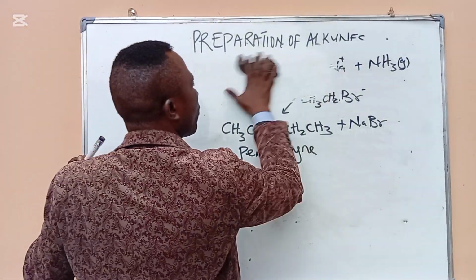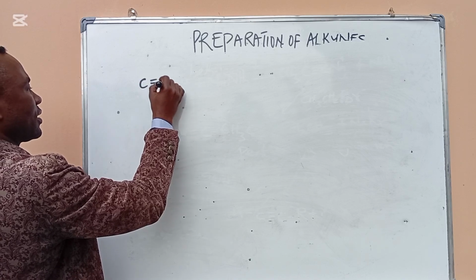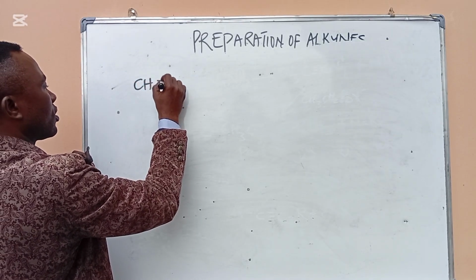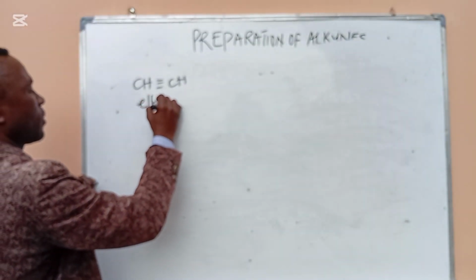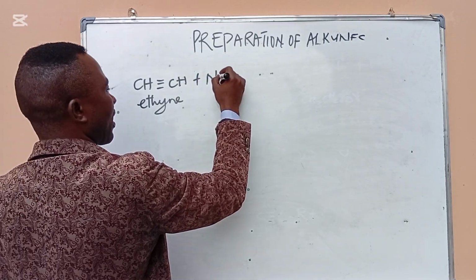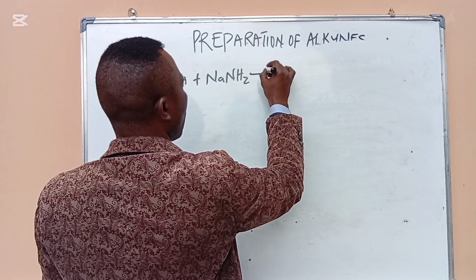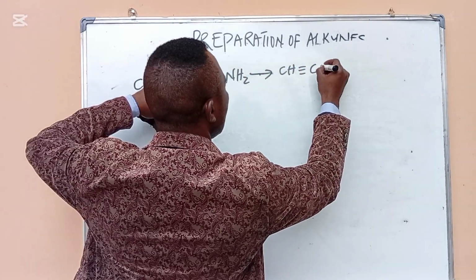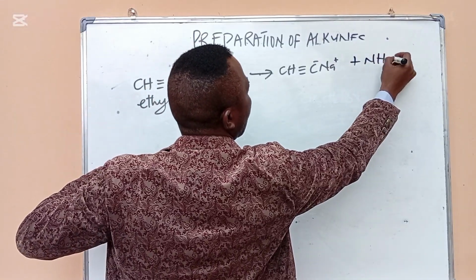Now, what of when we use a 2-carbon alkyne, CH triple bond CH, which is ethyne? When we react ethyne with sodium amide, we will have CH triple bond CNa plus NH3.